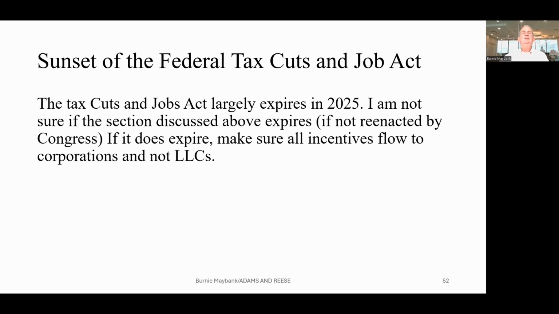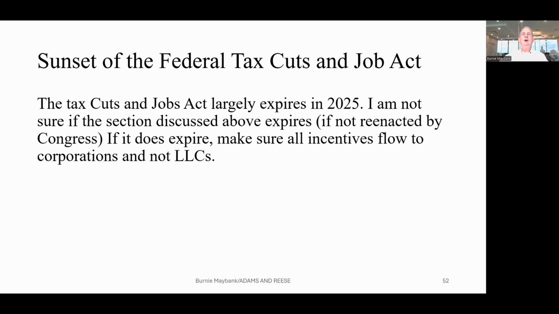So the sunset of the Federal Tax Cuts and Jobs Act, as you know, it largely expires in 2025, and there's a huge amount of press regarding whether or not Congress is going to allow it to expire or not. And I'm not sure if this particular discussion we have discussed above expires if it's not reenacted by Congress.